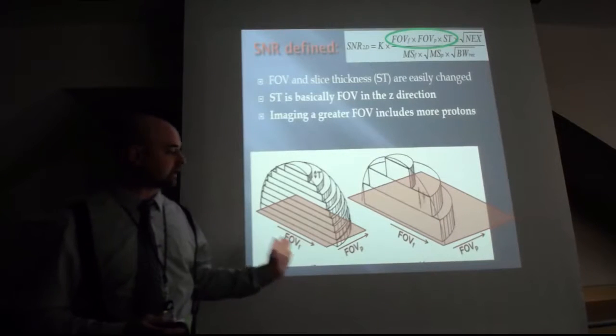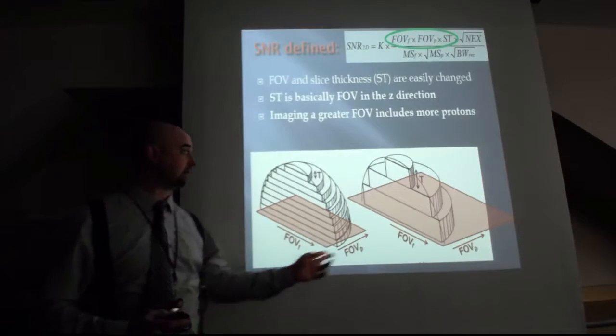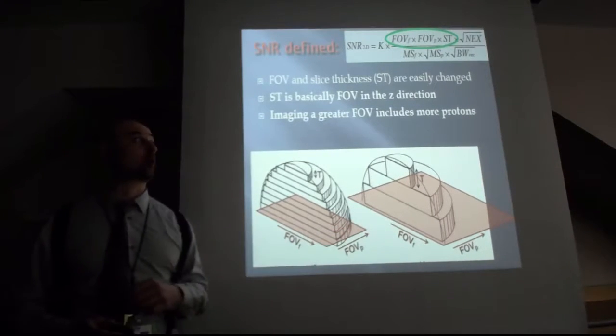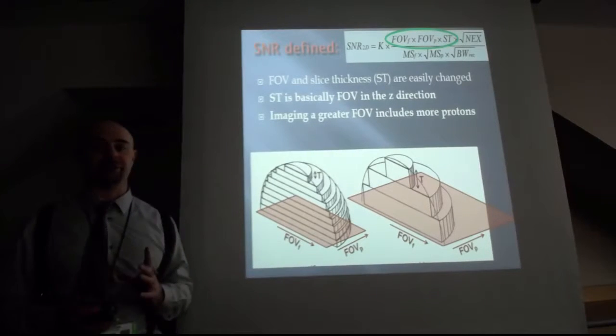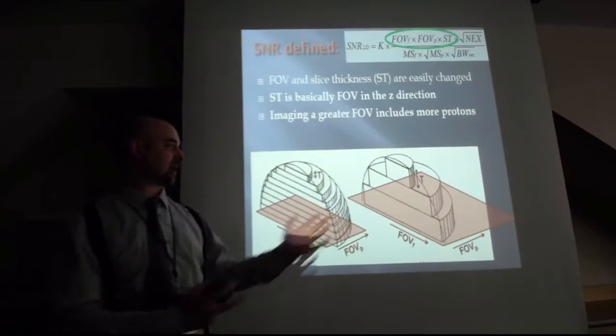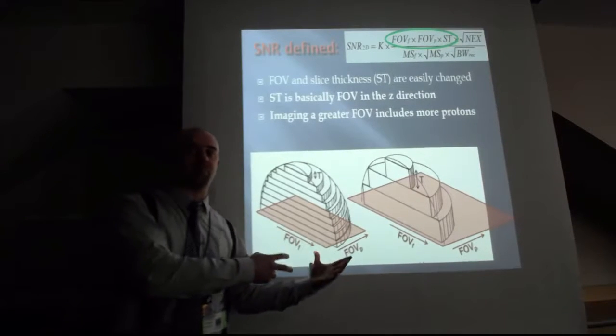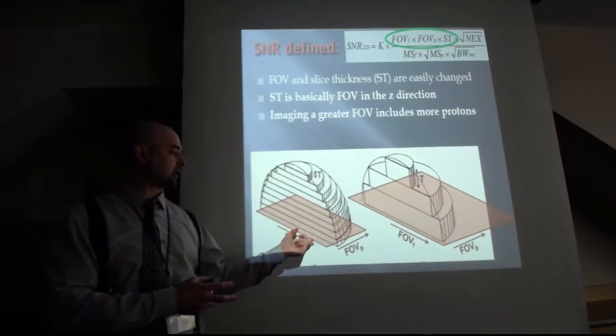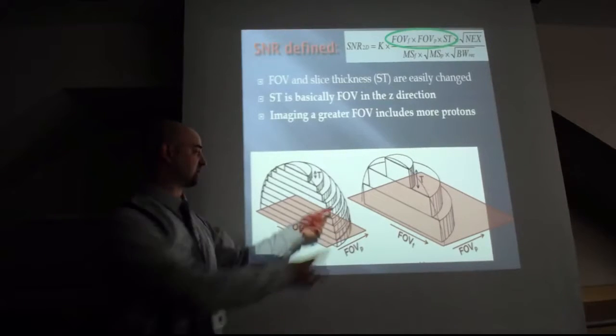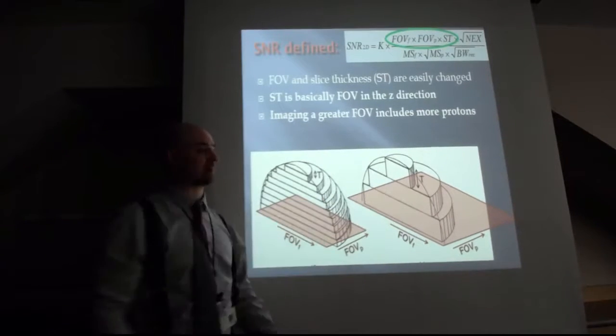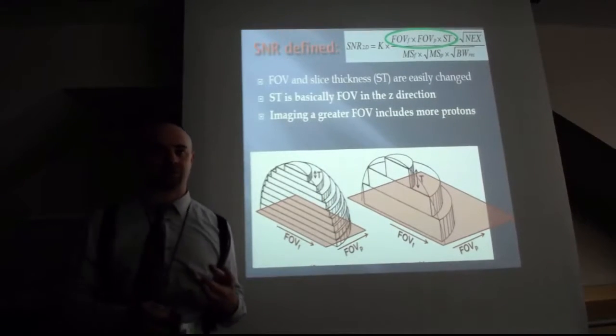If you increase your field of view in any or all dimensions, you're going to necessarily include more protons. You see the square has doubled, so the area is doubled. That means in real space, you're including twice as many protons along this direction, along that direction, and possibly along the thickness direction, right?